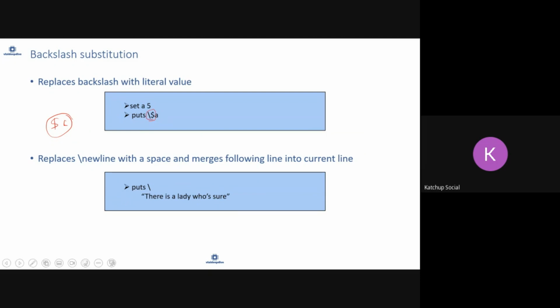Also, if you want to continue on the next line: by default, a command ends at the end of the line as soon as it sees a newline character. But if you have a big command that goes to the next line, you can put a backslash at the end of the line to continue your command over multiple lines.